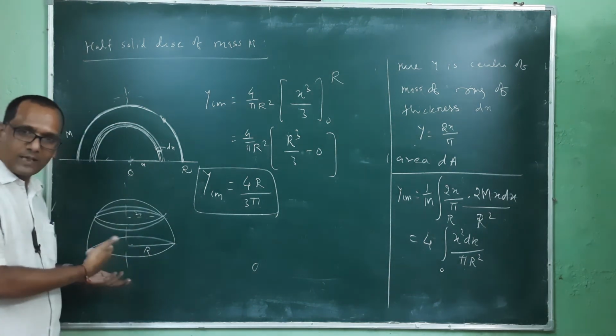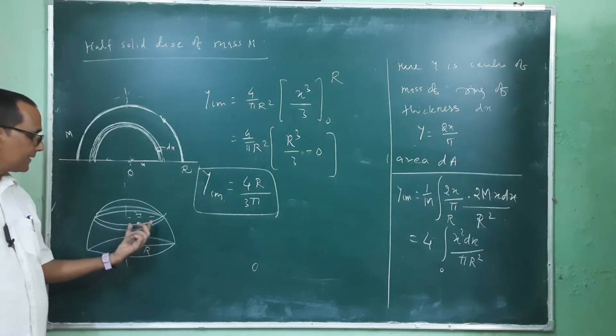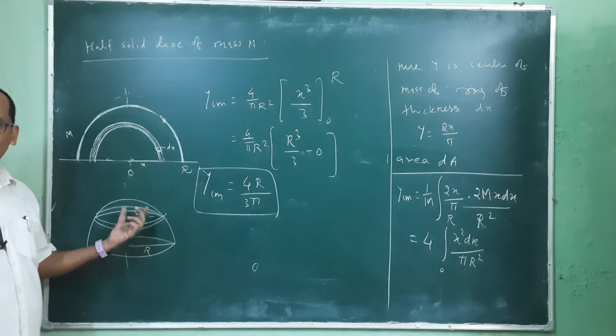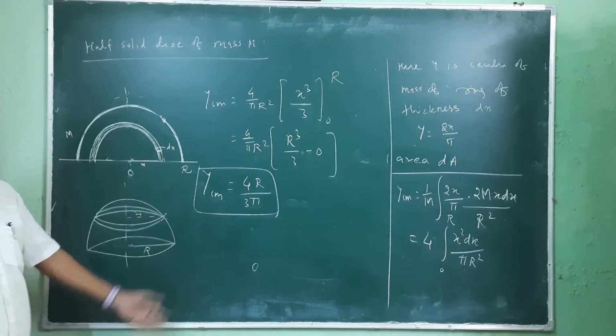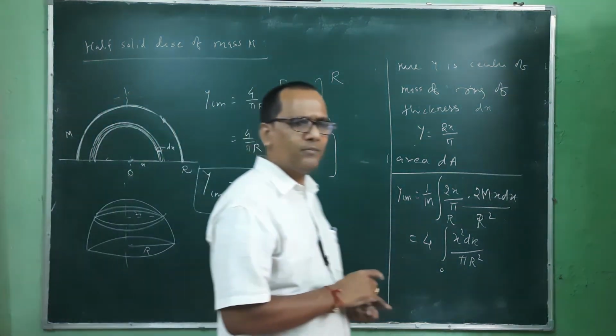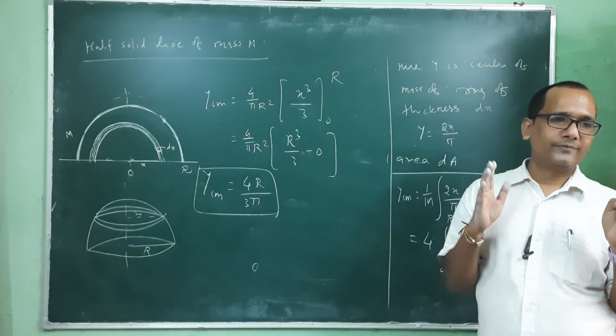So volume charge density we will take, dx is the thickness, x is here. So in terms of x, you have to calculate that volumetric term and find out dA. So it is a little bit complicated, but not very difficult.